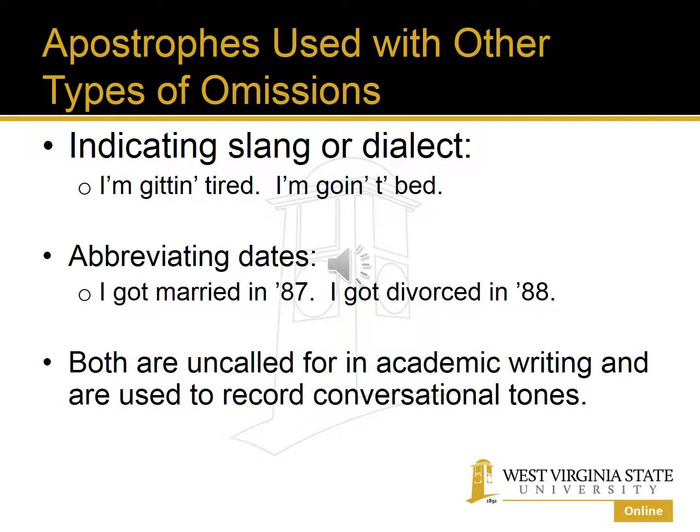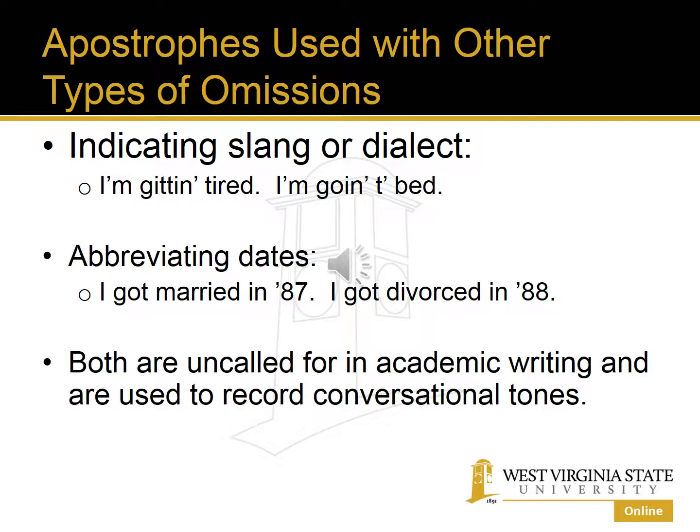And finally, we have a few less common uses of an apostrophe for an omission. The first is using an apostrophe to indicate slang or dialect. For example, I'm getting tired or I'm going to bed.